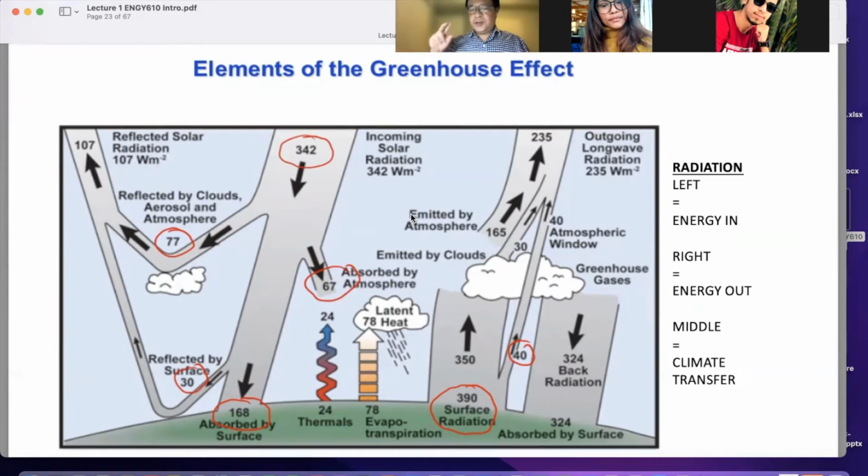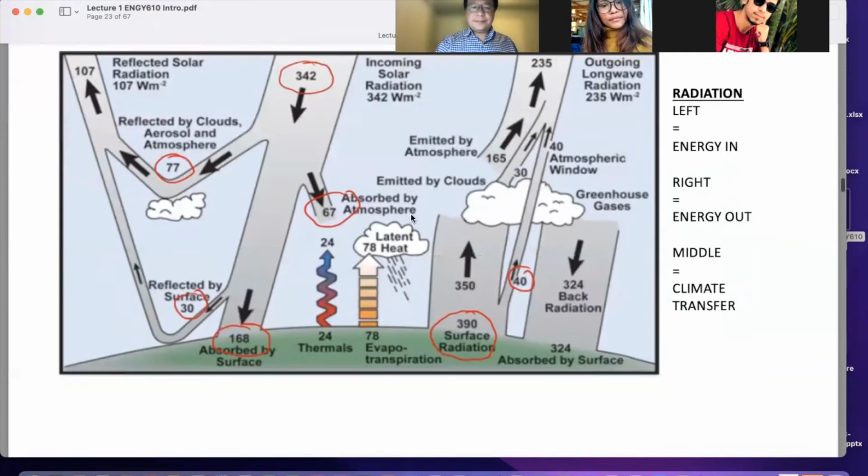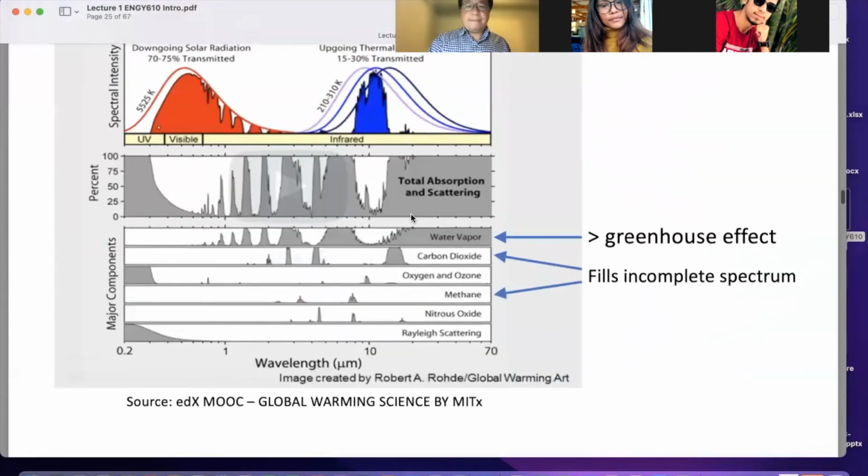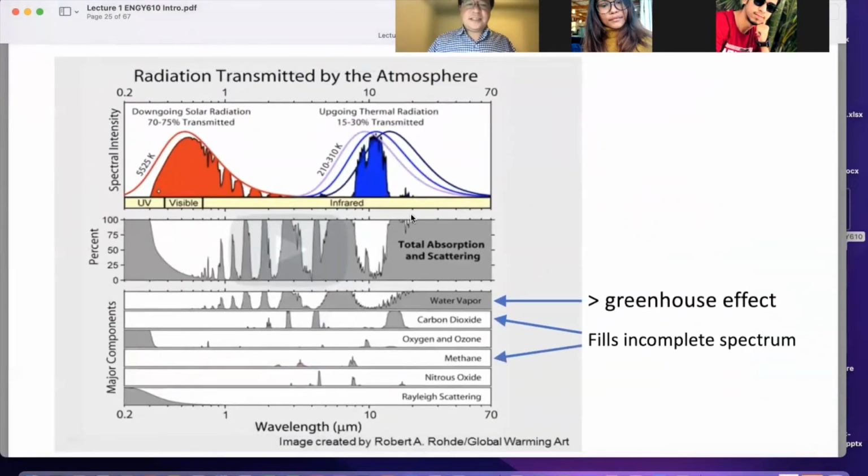Some ideas you need to know about that, I believe. And this is what I mentioned: greenhouse gas is not only carbon dioxide. There are still other gases, but they are active in different wavelengths. I think you need to understand what this is about.